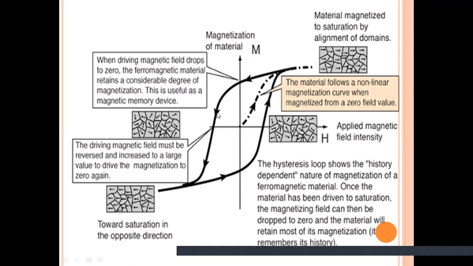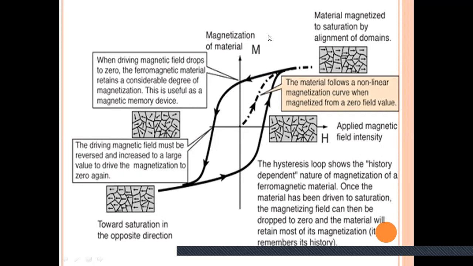You must not confuse between M, H, or this one. This is the magnetization, and there is a relation between magnetization and magnetic field intensity, and the magnetic field B equals mu 0 H. And this is the magnetization. This magnetization is the magnetic field intensity inside the material due to the application of the external magnetic field.